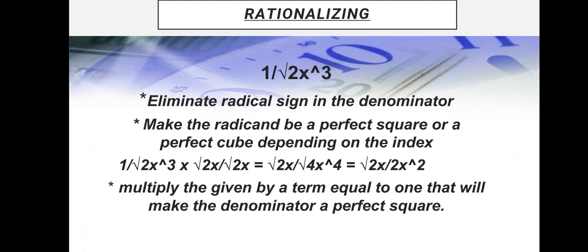Rationalizing 1 over square root of 2x. Eliminate the radical sign in the denominator.